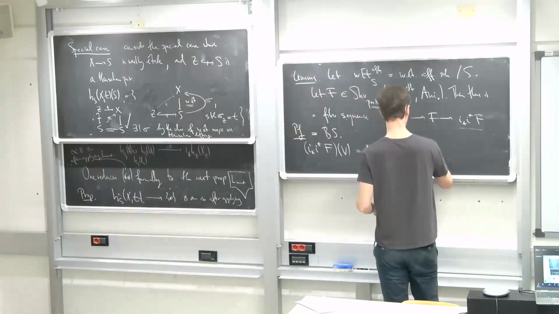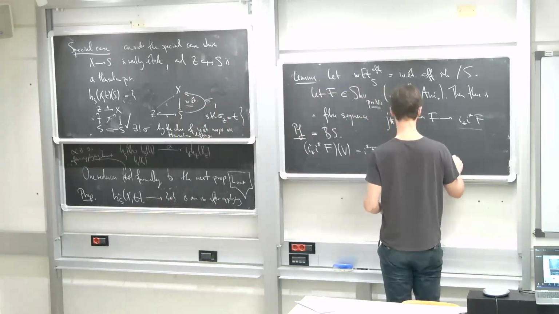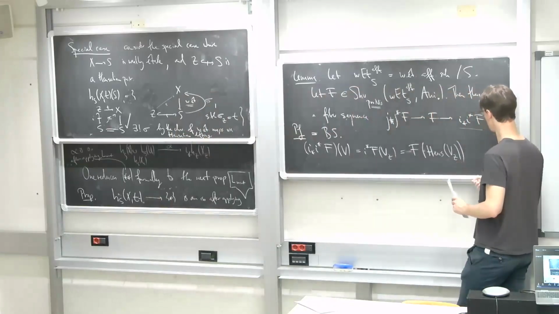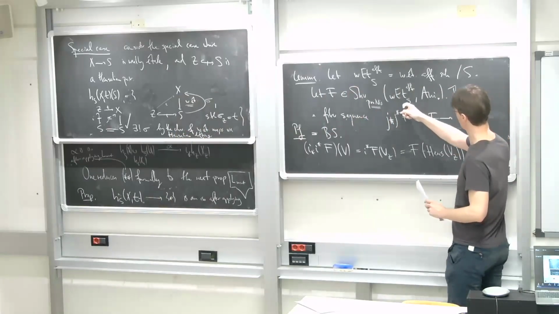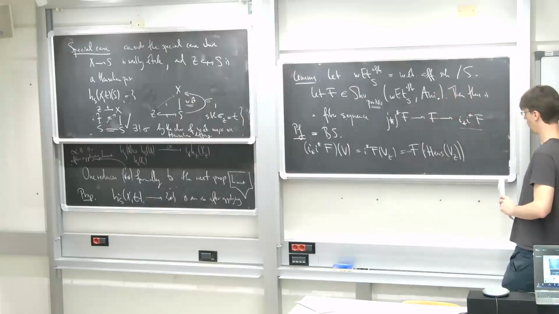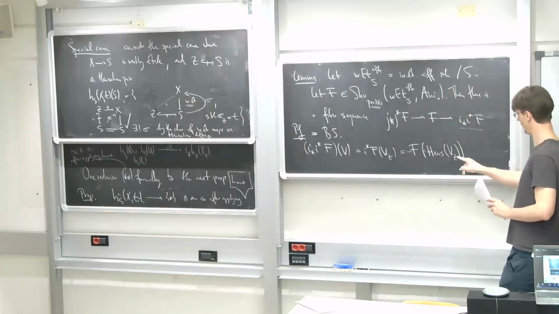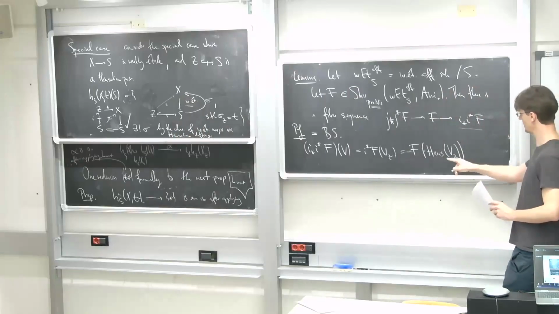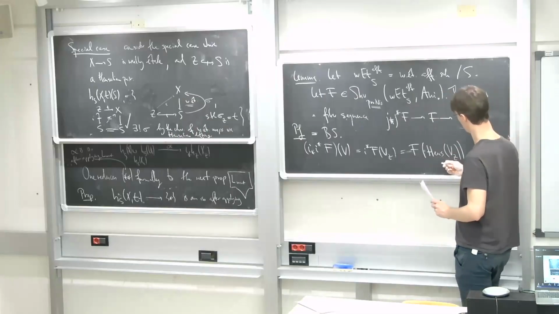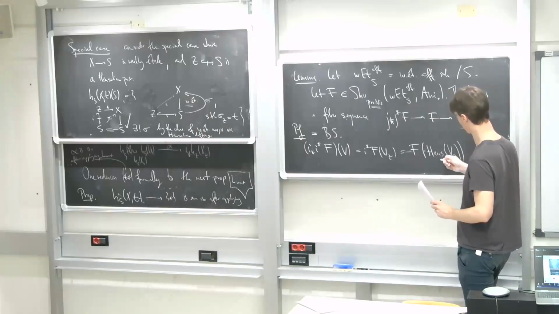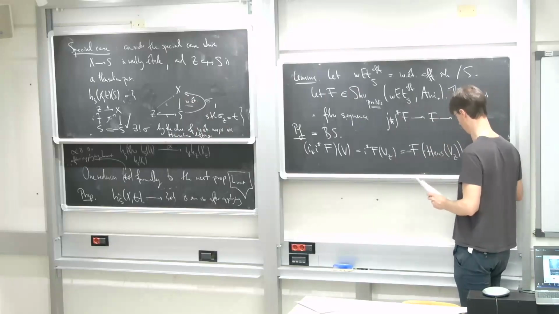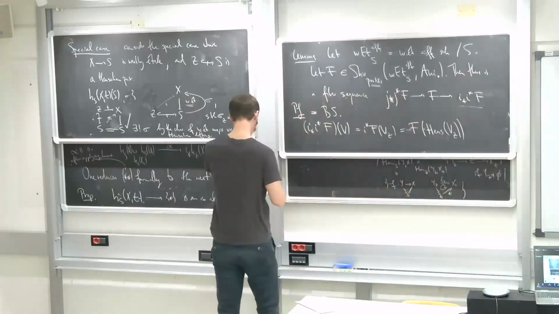And this is F evaluated at the Henselization of V along Z. So I remind you what this is. This V is going to be weakly étale over S, and so weakly étale over Z, and this Henselization takes such a thing and produces for you an ind-étale scheme over S again, whose fiber was the original one that you had. So this is what we discussed last time.